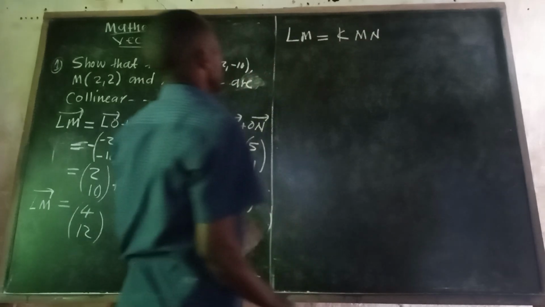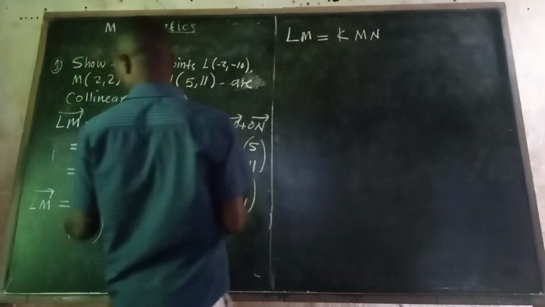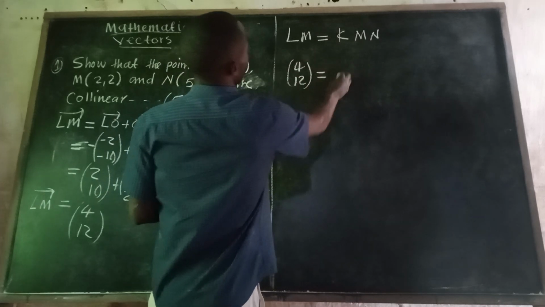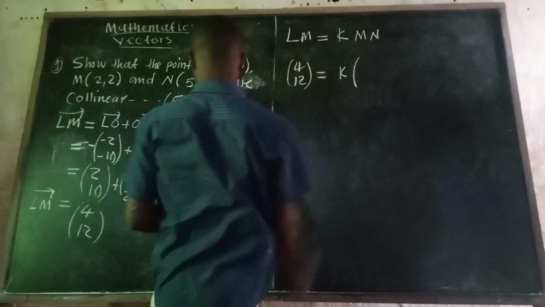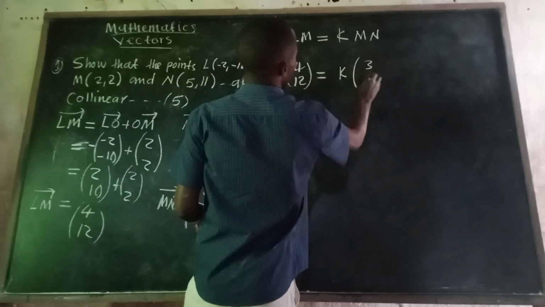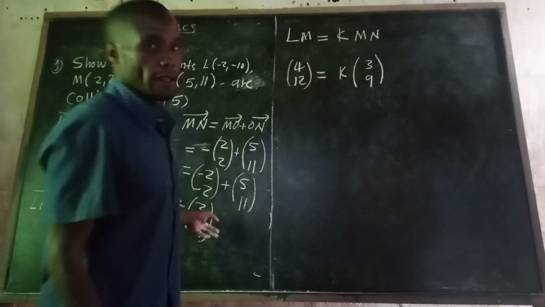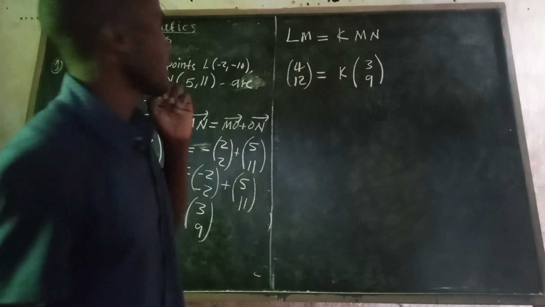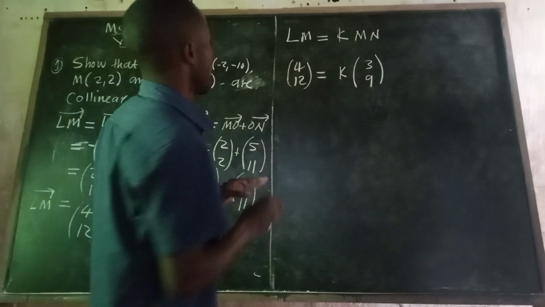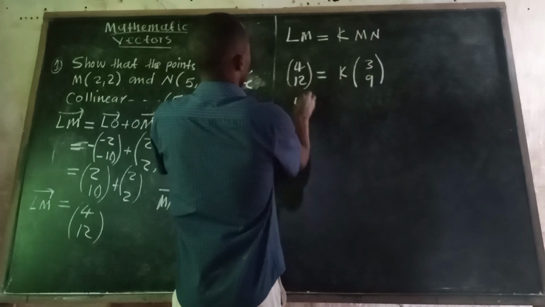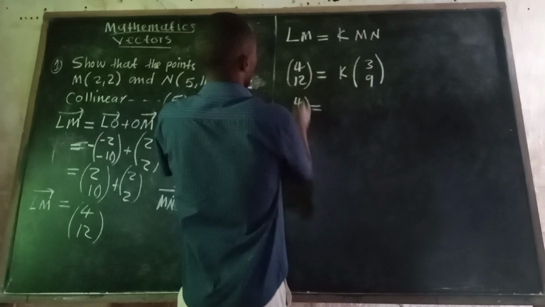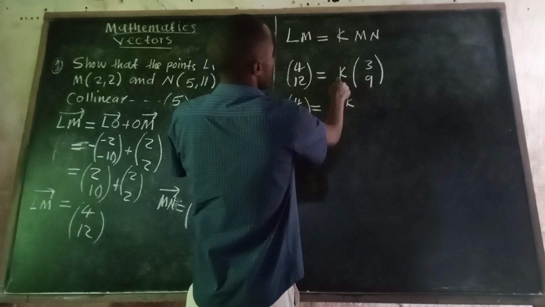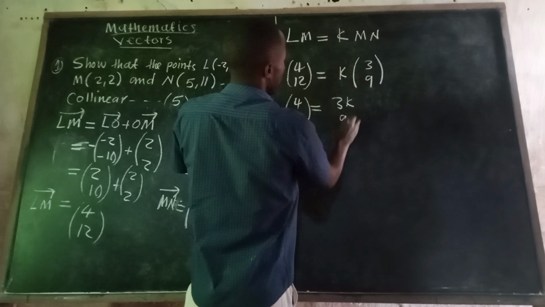So let's now substitute. LM, what we have is (4, 12), equals K times MN, which is (3, 9). Now we multiply that K times the values there. So (4, 12) is equal to (3K, 9K).